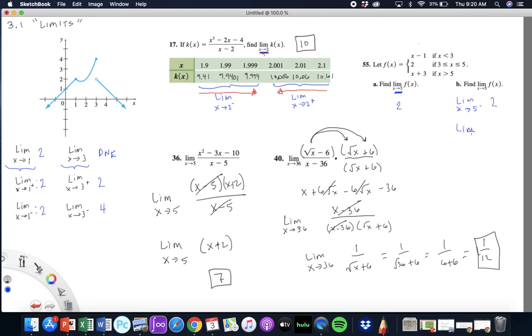The limit as x approaches 5 from the right, let's say 5.00000001, would be 8.000001. No matter how close I get to 5 from the right, I would get 8. So you see how these don't match up, because that's what the limit as x approaches 5 is based on. Therefore, it does not exist.